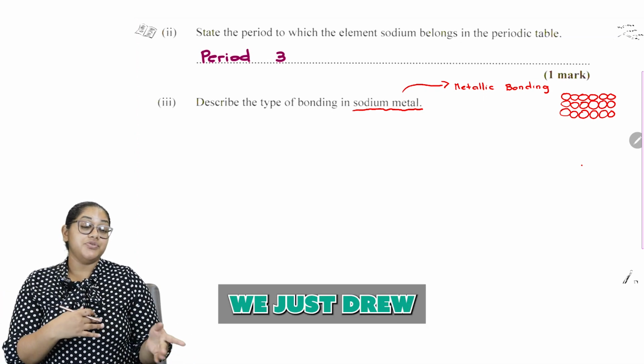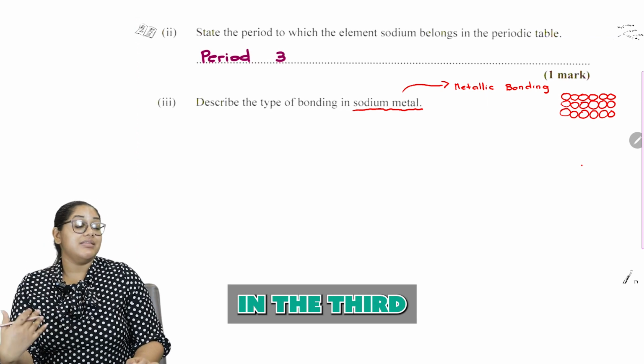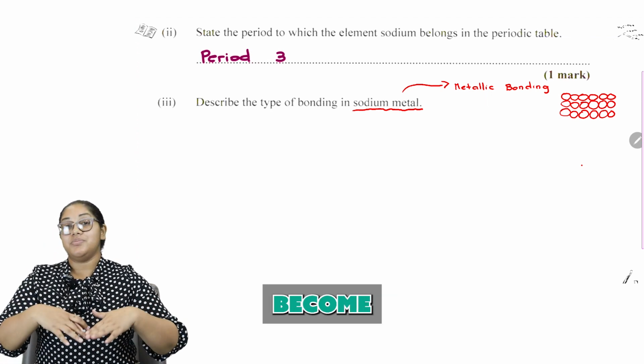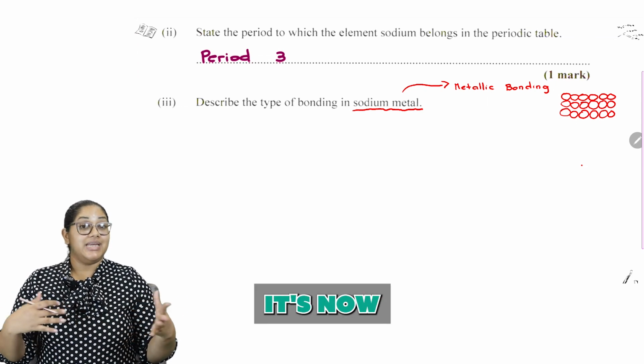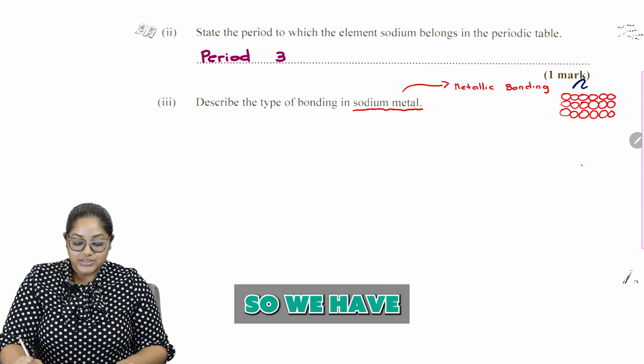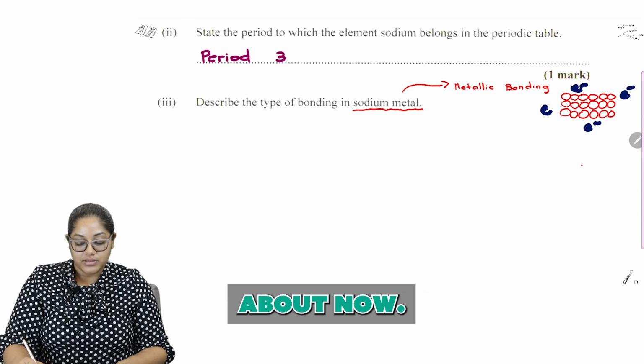So remember we just drew the shell diagram for sodium. That last electron in the third shell tends to become detached. So it's no longer attached to a particular atom. It's now free to move about. So we have our electrons free to move about now.